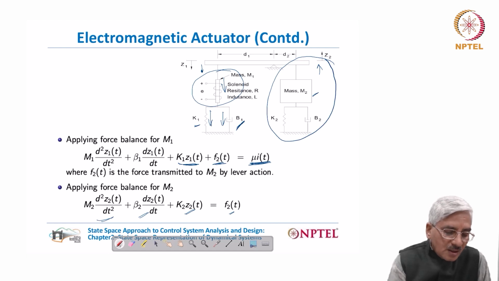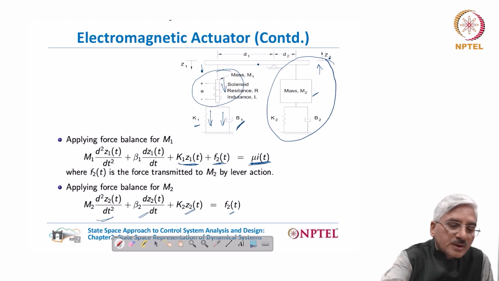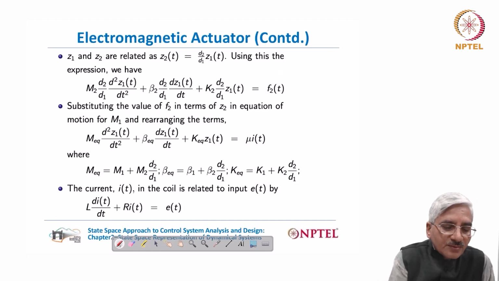Now here we will invoke the relation that Z1 by D1 will be equal to Z2 by D2. So what we can do is, in this second equation, we can substitute Z2 equal to D2 by D1 into Z1.